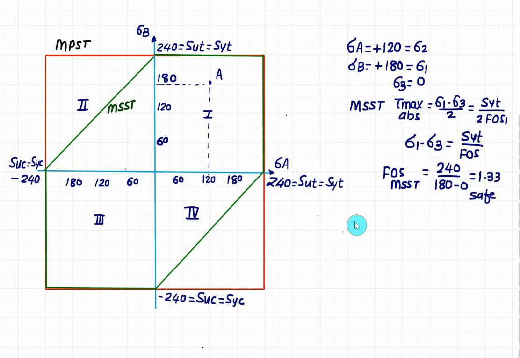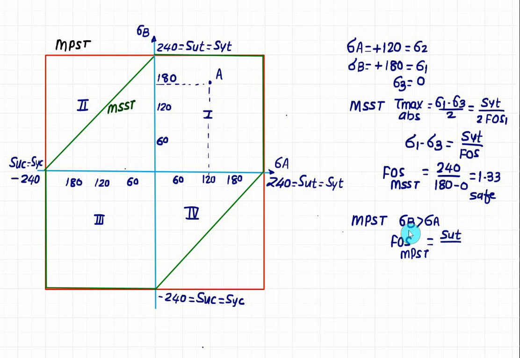Now we'll apply here the maximum principal stress theory. So for maximum principal stress theory, for quadrant 1 we have the same boundary, that is SUT or SYT, and the maximum principal stress here is sigma B. So in this case sigma B is greater than sigma A. So the factor of safety according to MPST will be equal to SYT or SUT, which is the same as SYT.